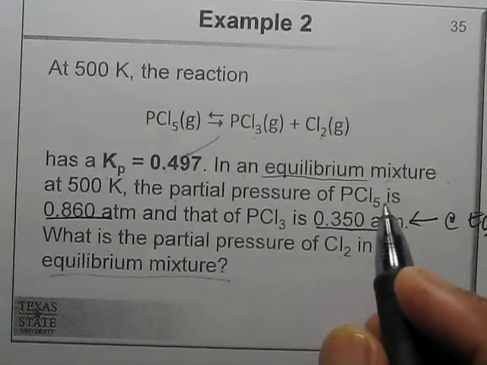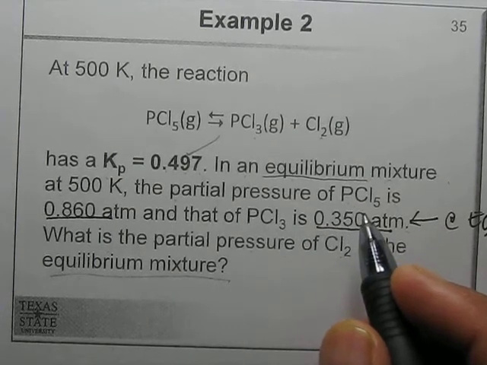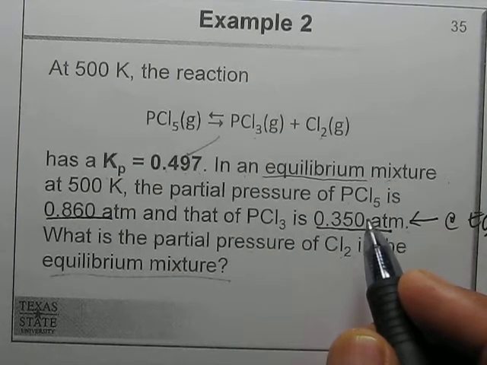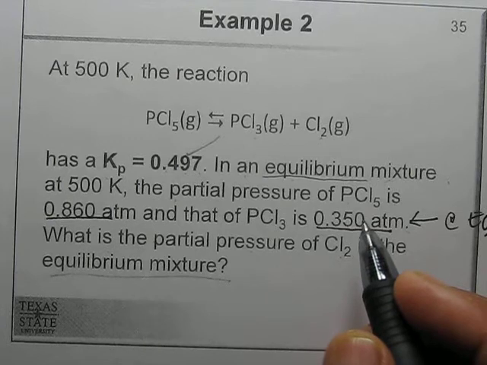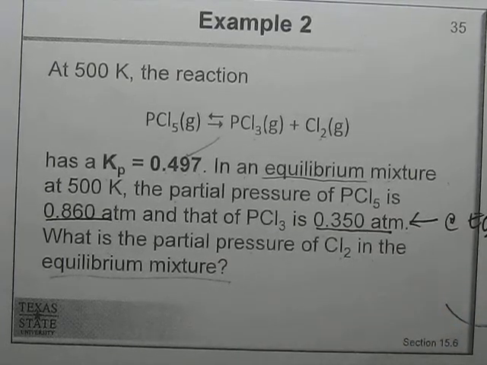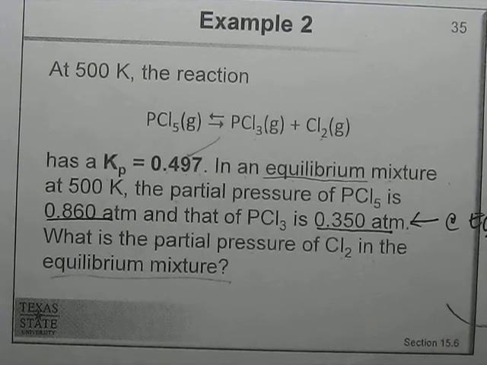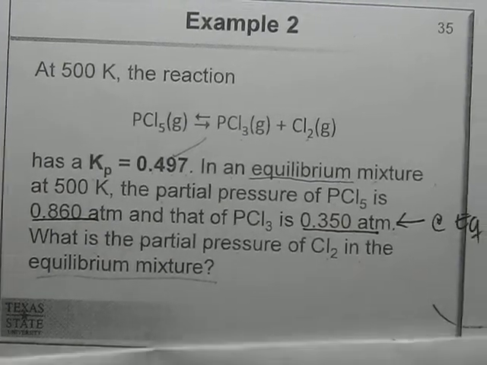The partial pressure of PCl5 is 0.860 atmosphere, and the partial pressure of PCl3 is given.